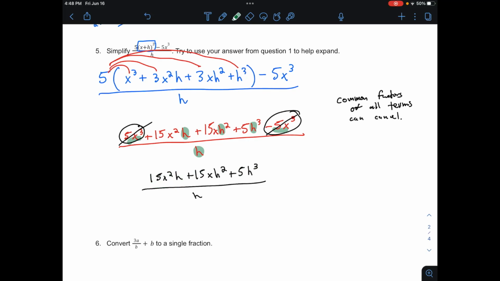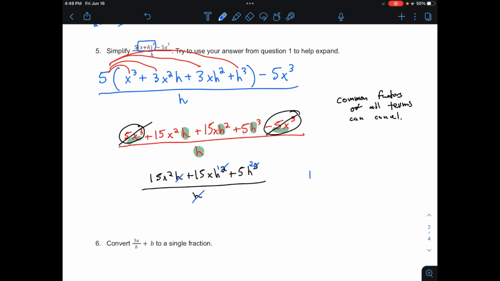And this kind of thing happens all the time in calculus, which is why it's in this warm-up, where initially it doesn't look like we could cancel h's, even after this first step, but our 5x^3 terms end up canceling, leaving us with only h's, allowing us to cancel that h in the denominator. So when you get to calc, you'll see why that's more useful. But it's very nice. So we cancel, make it h to the 1, make it h squared.